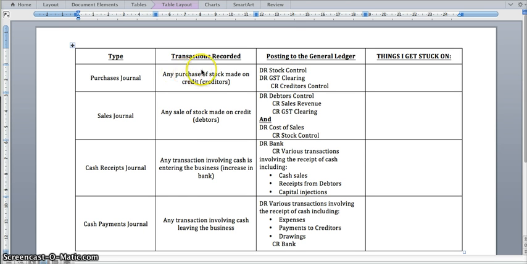Any purchases of stock made on credit go in the purchases journal. Any sale of stock made on credit goes in the sales journal. Any transaction involving cash entering the business goes in the cash receipts. Any transaction involving cash leaving the business goes in our cash payments journal.